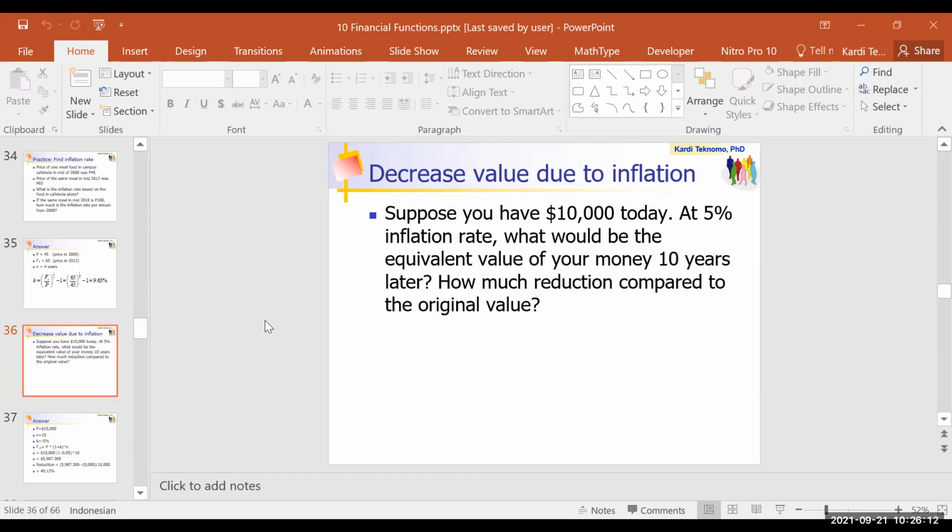Okay, so suppose you have $10,000 today. It's like 150 million rupiah, right? So at a 5% inflation rate, what will be the equivalent value of your money 10 years from now?